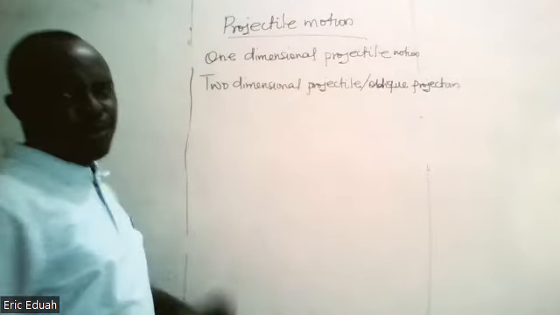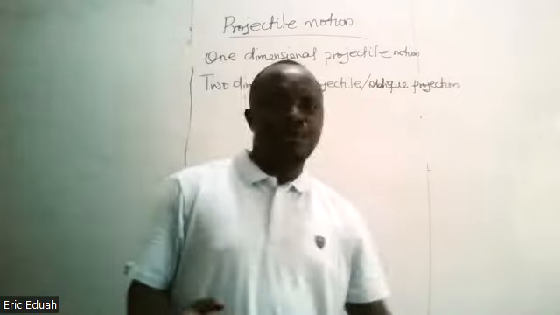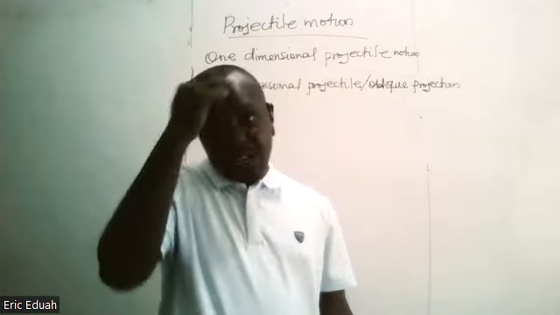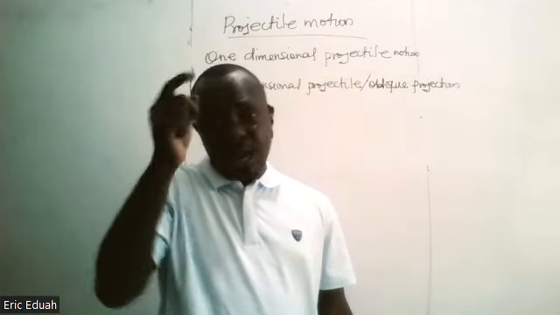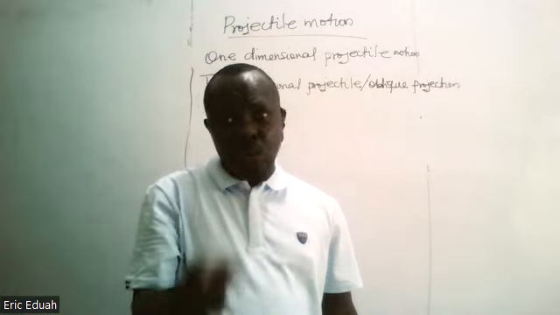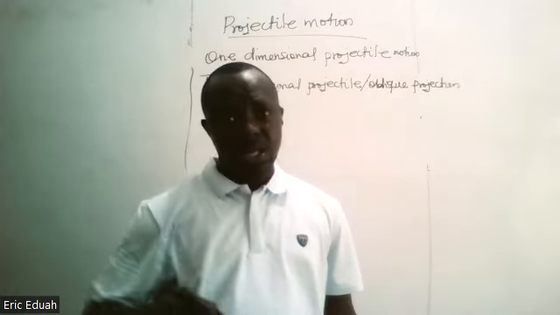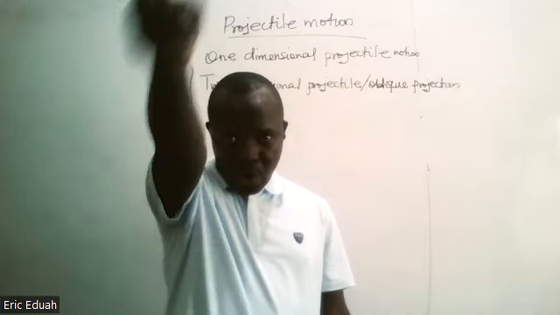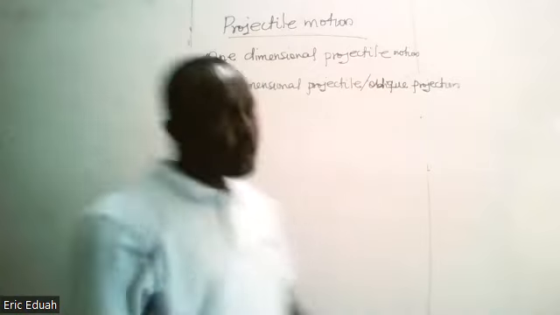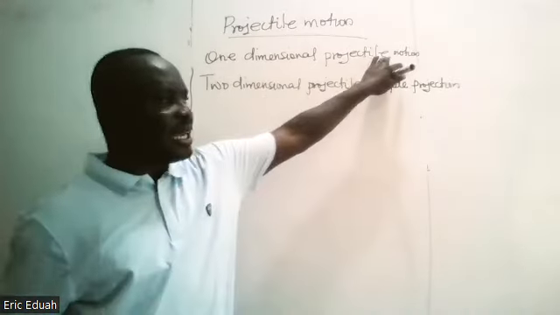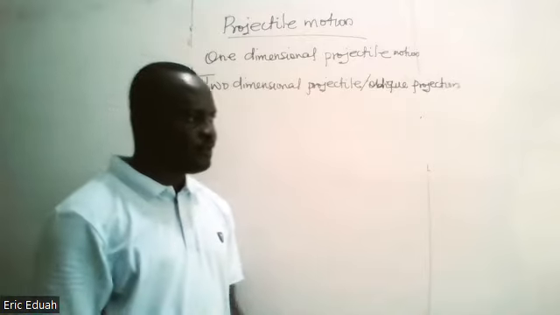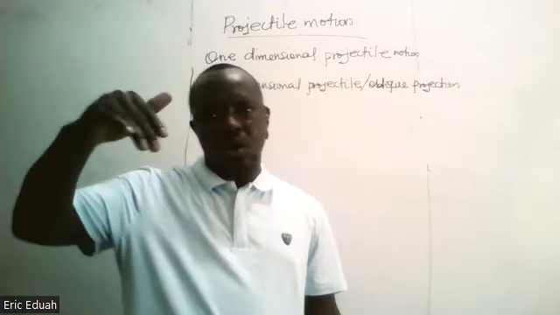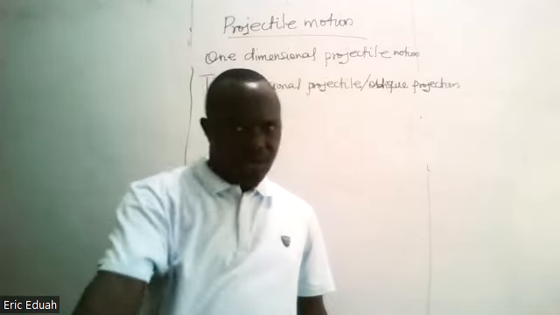Under one-dimensional projectile motion, an example is firing a gun. Whenever somebody wants to shoot a bullet, it is directed to the target, whether close or distant, and then fired. So firing a gun falls under one-dimensional projectile motion, or firing a bullet from a helicopter or aeroplane towards the ground.